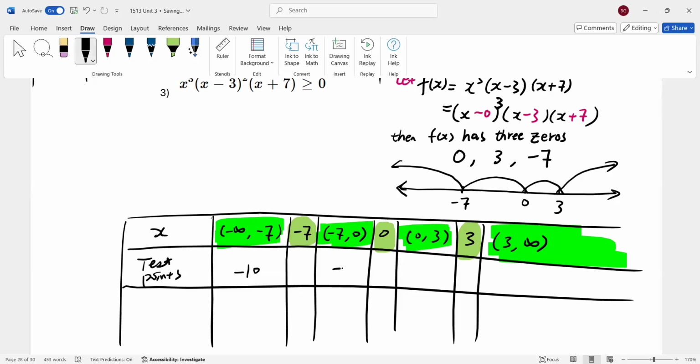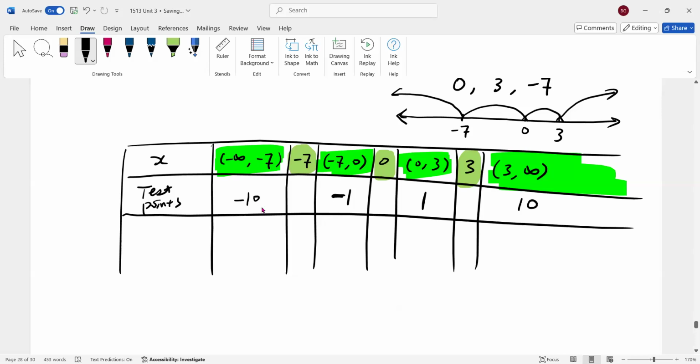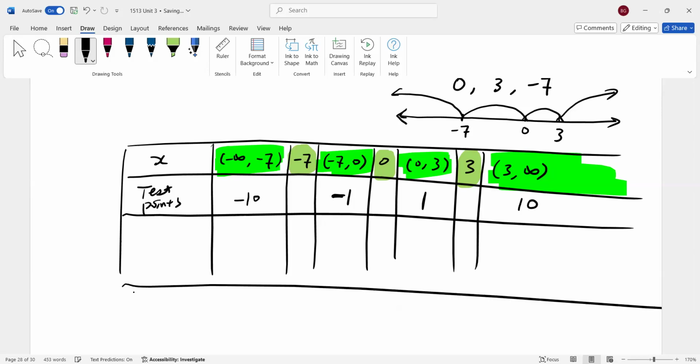Let me do -1. It depends on your preference, okay? Any point is fine. Any point can be the testing point. -1 is pretty convenient. From 0 to 3, positive 1 would be the testing point. From 3 to positive infinity, I can try 5 or I can try 10, right? All right, the next row should be the last one.